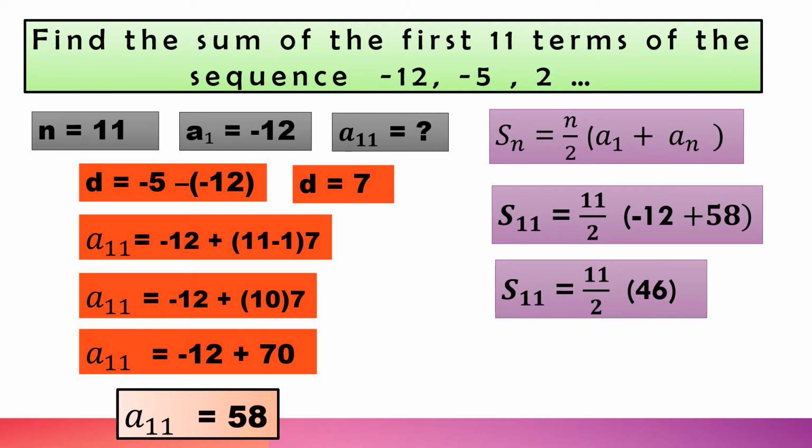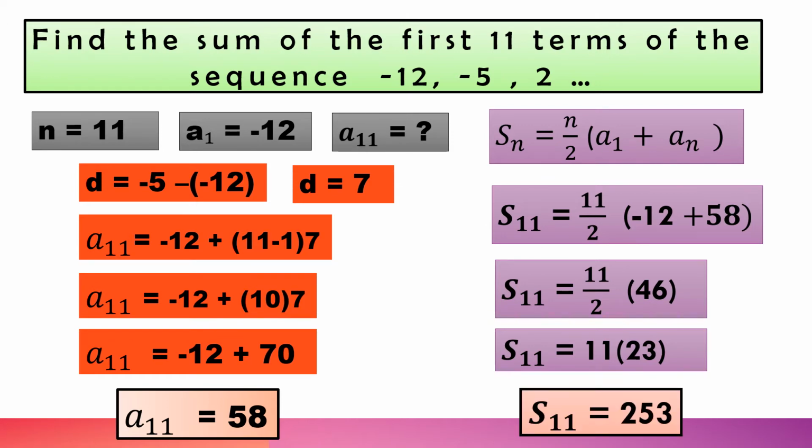That is equal to S sub 11 equals 11 over 2 times 46. S sub 11 is equal to 11 times 23, which is equal to 253. That means that the sum of the first 11 terms of the sequence is equal to 253.